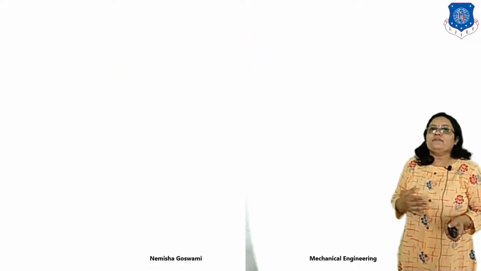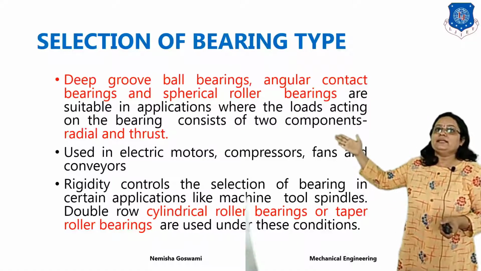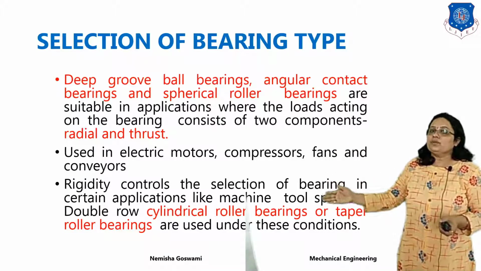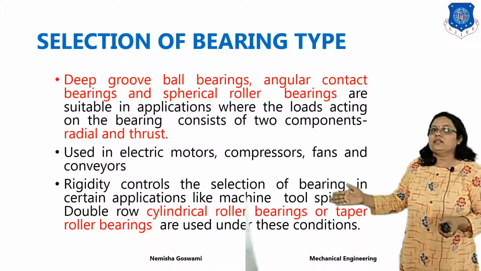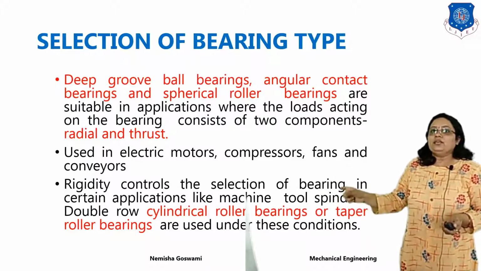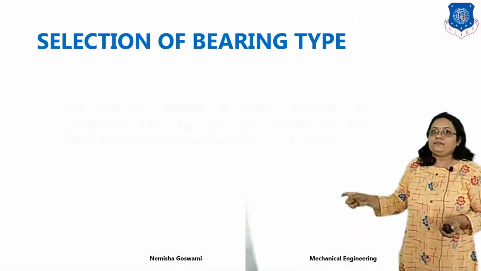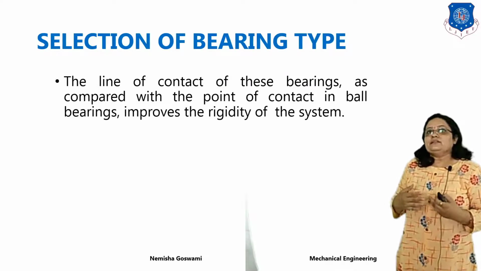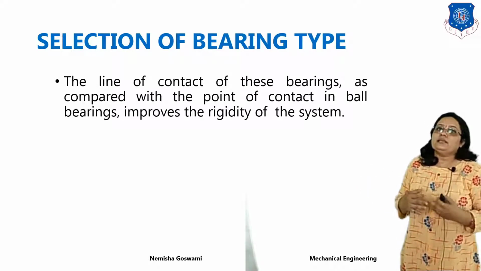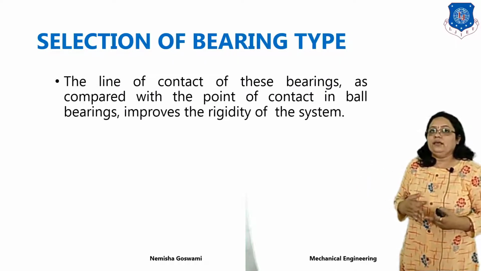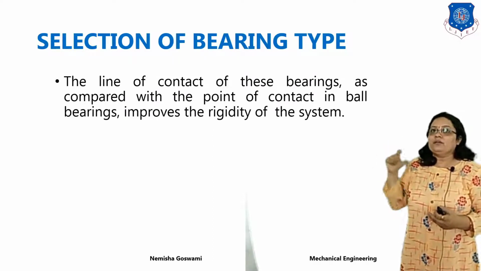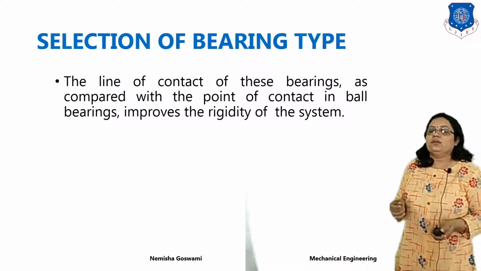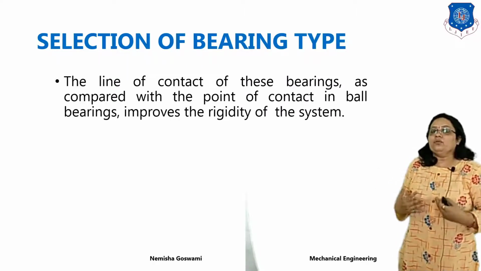For example, when rigidity is the main criterion, we use cylindrical roller or taper roller bearings. These have line contact, so they are used for heavy load conditions. Ball bearings have point contact, so they are used to bear low load conditions.